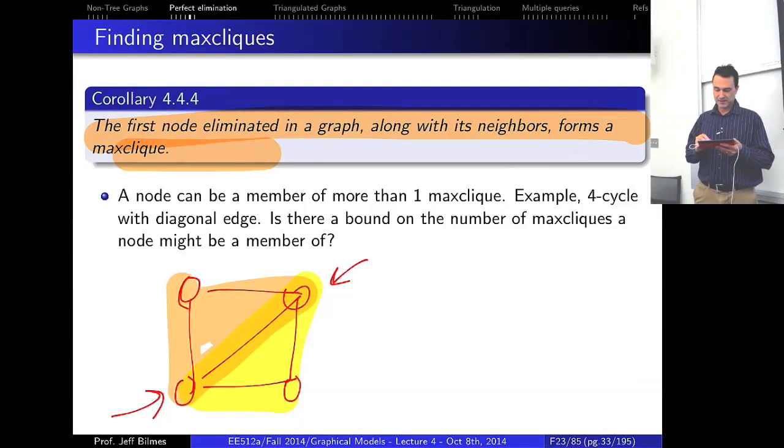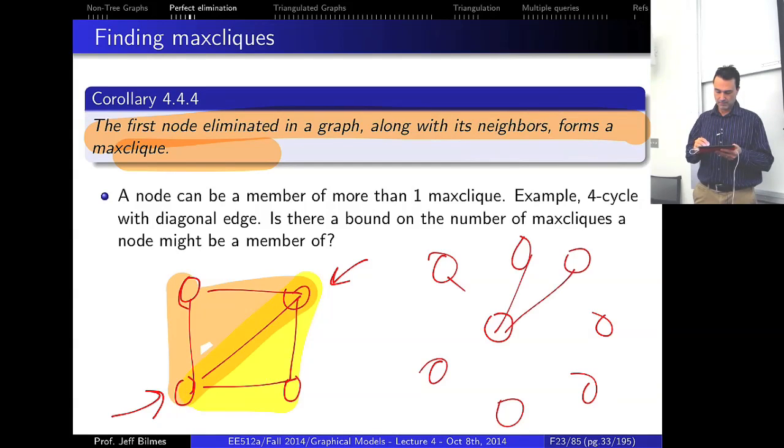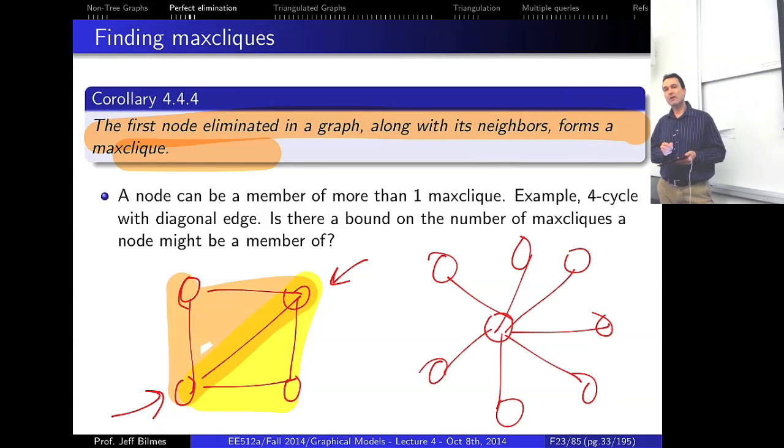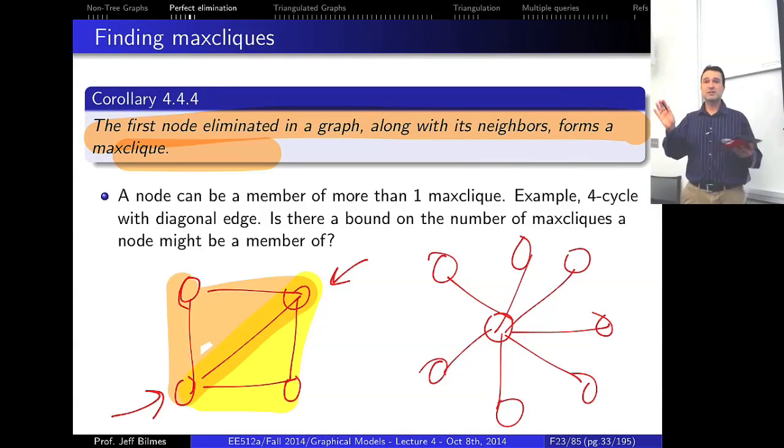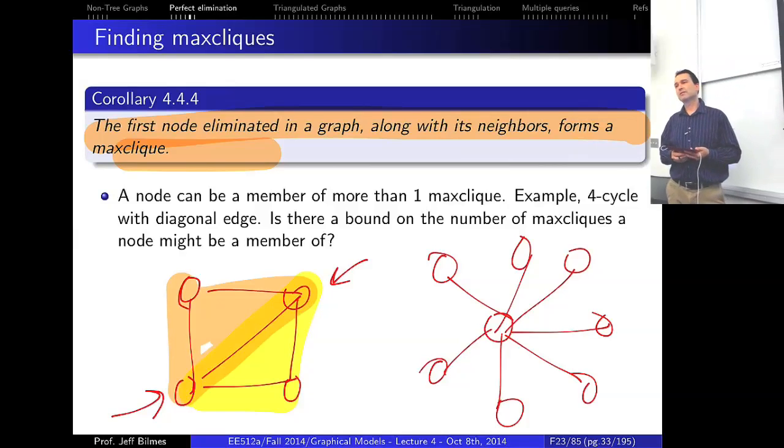Yeah, that's exactly right. So say we have a star. That vertex in the center is a member of all max cliques. This is a tree, right? In a tree, what are the max cliques? The edges. And so in this particular graph, that vertex in the center is a member of all max cliques, which in this case is n minus 1.